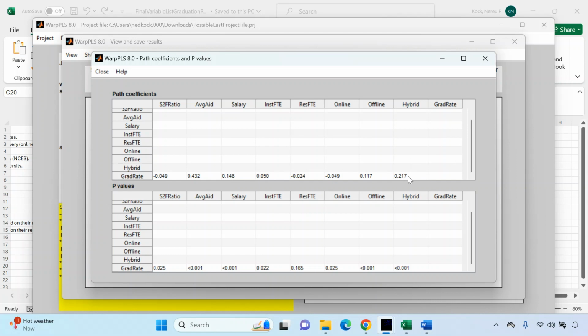Having hybrid courses seems to be important in terms of graduation rates. So having hybrid offerings for students seems to be more important than having online and offline offerings.